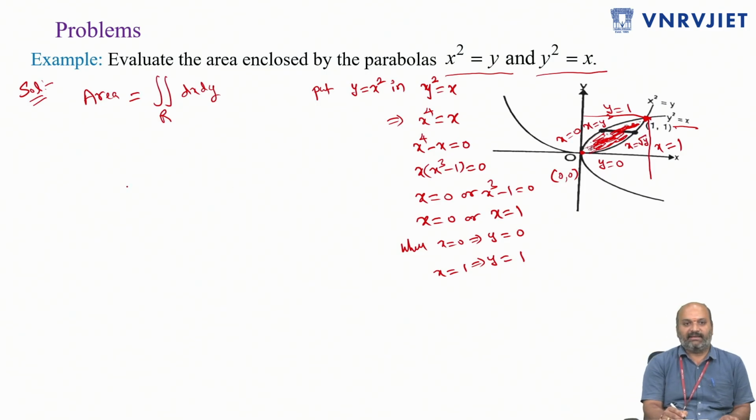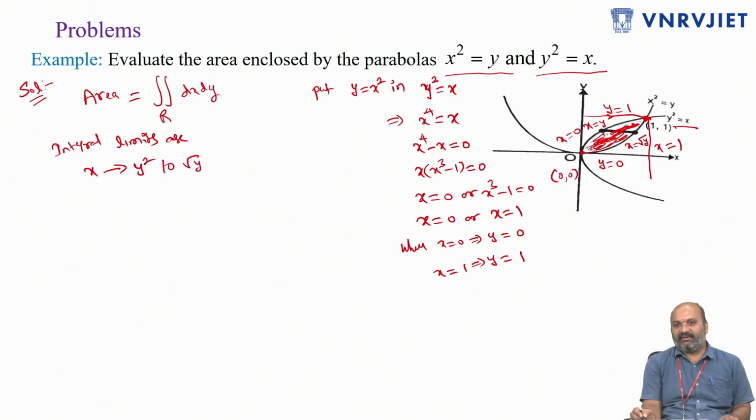So by considering a horizontal strip, x varies from y square to root y, since the left end of the strip is moving on y square equal to x and the right end on x square equal to y.